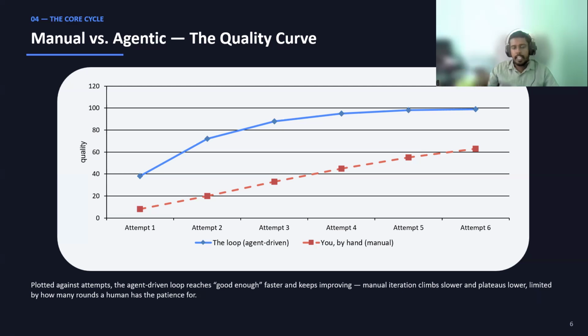But when it comes to agentic workflows, it has much more exponential quality growth over the attempts, which means with fewer attempts, it can produce quality content.